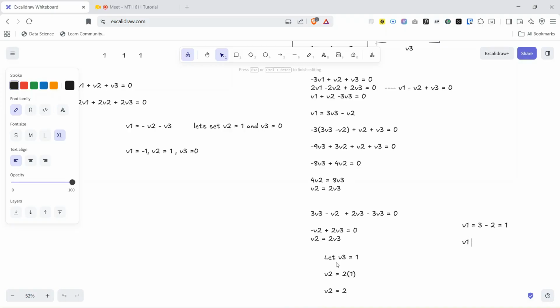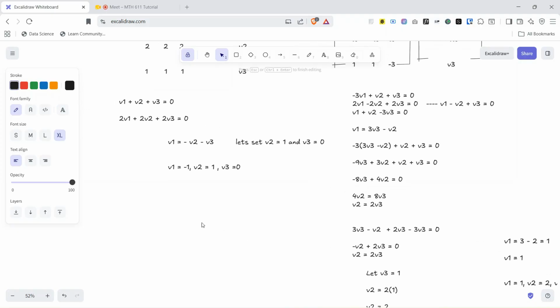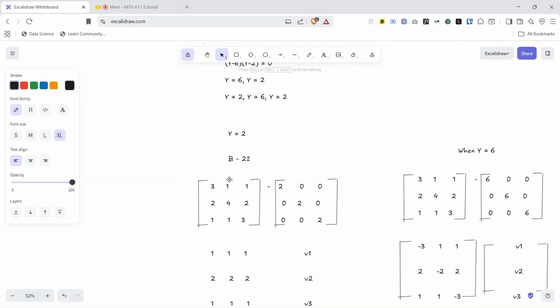So it means our V1 equals 1, V2 equals 2, and V3 equals 1. So we've done the first one, lambda 2, we've done for 6.